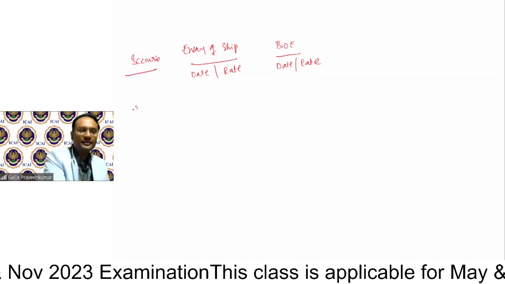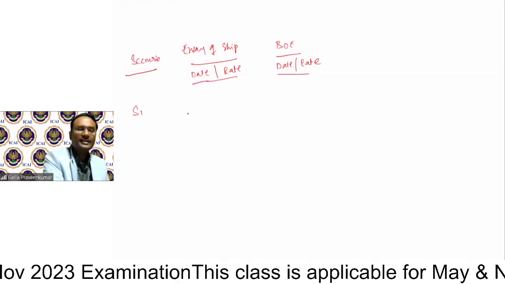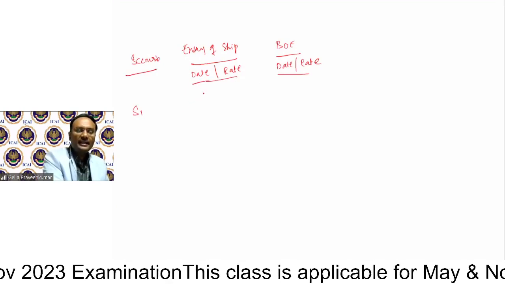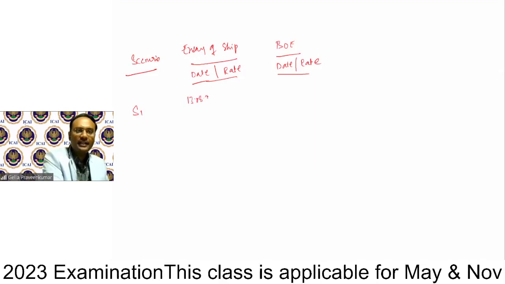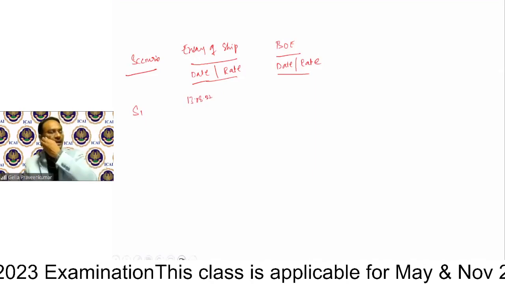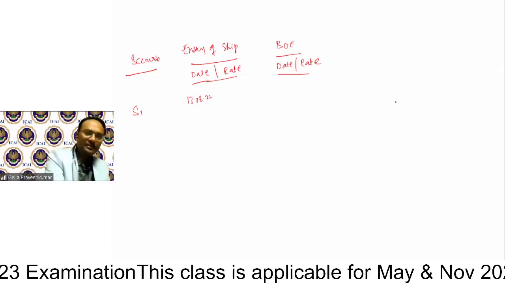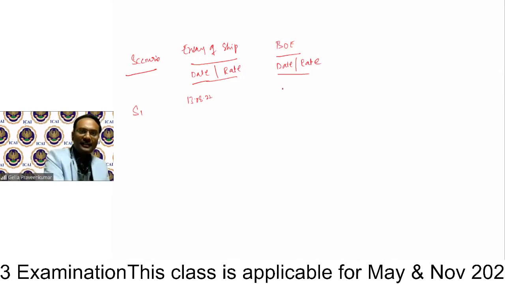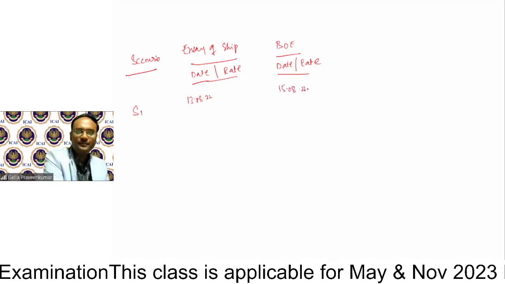Say scenario 1. In scenario 1, say the ship has entered on 13th August 2022. My bill of entry was filed on, say, 15th August 2022.